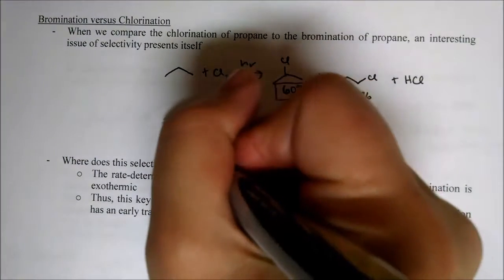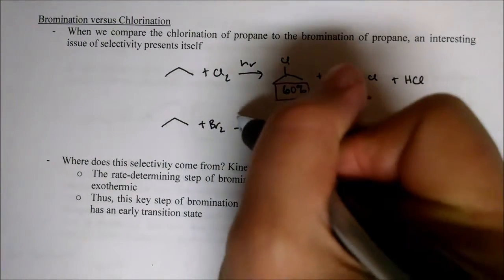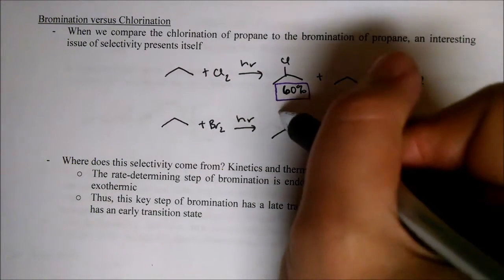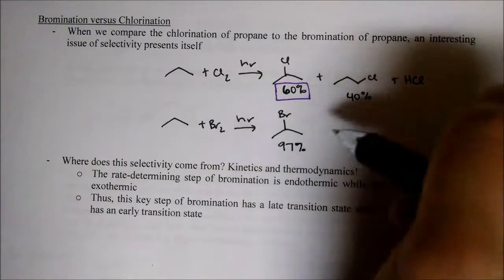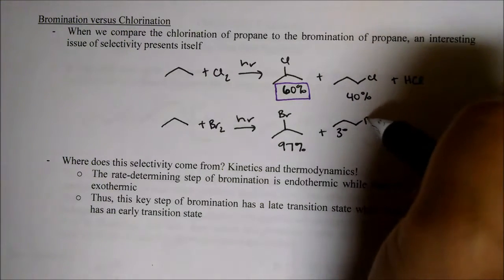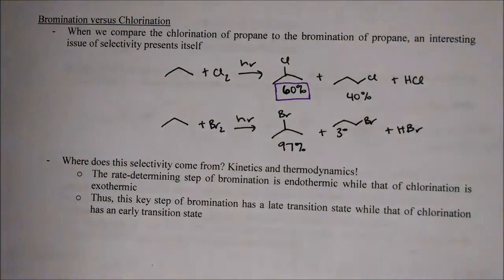Well, when we take propane and bromine, Br2, we get a different product ratio. Okay, so we actually get 97% of this guy and only 3% of the primary. And we make HBr, of course.